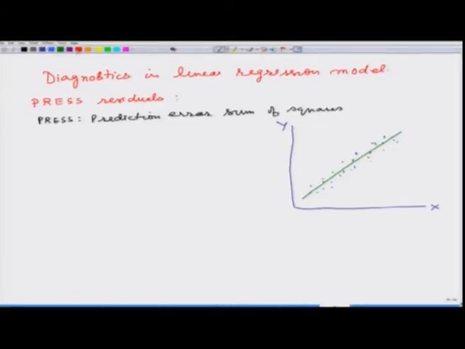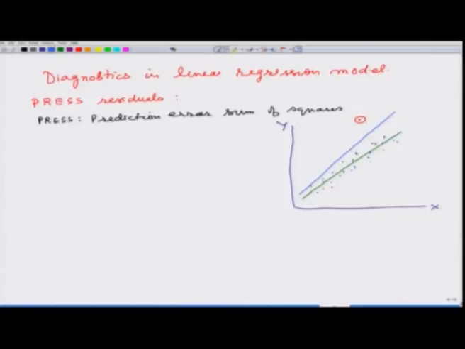Now, suppose there is one point which is lying quite far away, say somewhere here. Because of this, if I try to fit the regression line using all the data, meaning the earlier data and this new data point, the regression line may shift to this place.